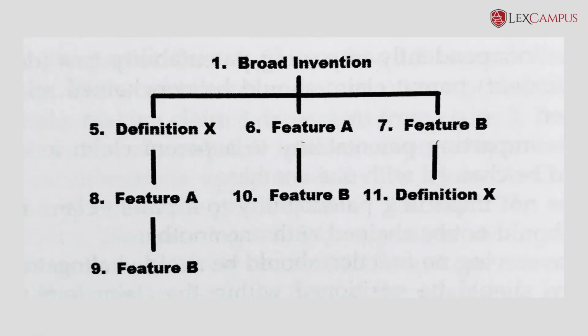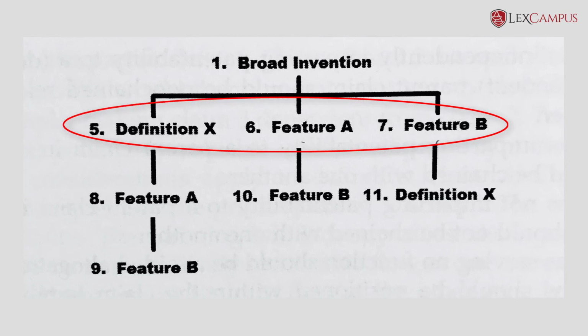Here you have a set of dependent claims. This is an arrangement which follows the merits of both the things. So both the charts that you saw, this has the chained and the non-chained. So in one set of claims, you could have 1, 5, 8 and 9 in the chained manner, and you can have 6 and 10 again chained, 1, 7 and 11 chained, and you can have 5, 6 and 7 in the non-chained manner.